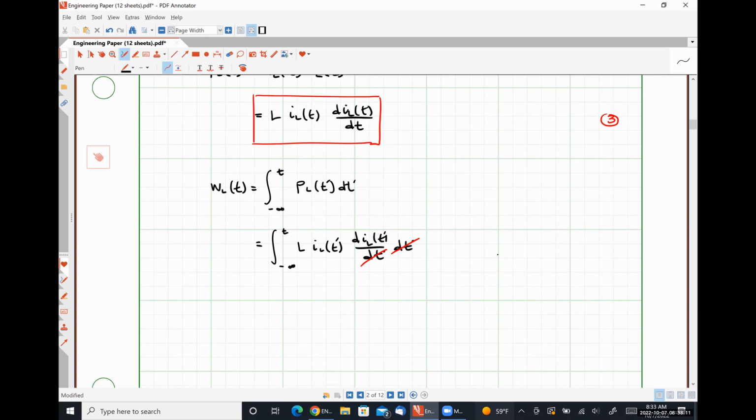So I need to rewrite my limits of integration. So this is IL at negative infinity, which we assume to be 0, and IL at our current time, of L times IL dIL, which integrates easily, giving us 1/2 L IL squared.